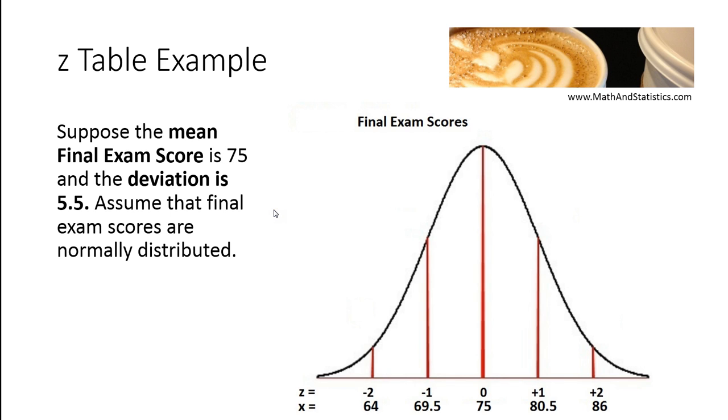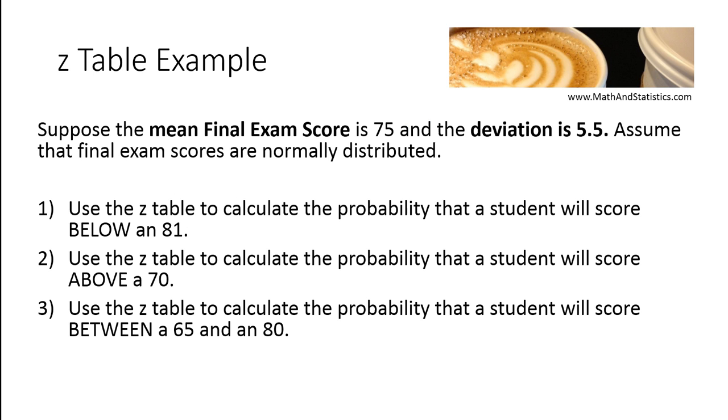Any data set can be converted or standardized into its equivalent z values so that you can then use the zTable to answer questions like, what's the probability of a student getting a 75%? Or what's the probability of a student getting between 67 and 82%, and so on.